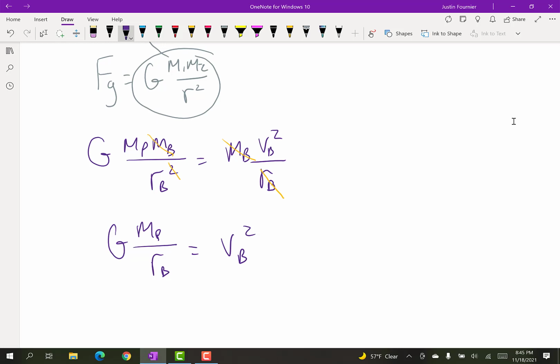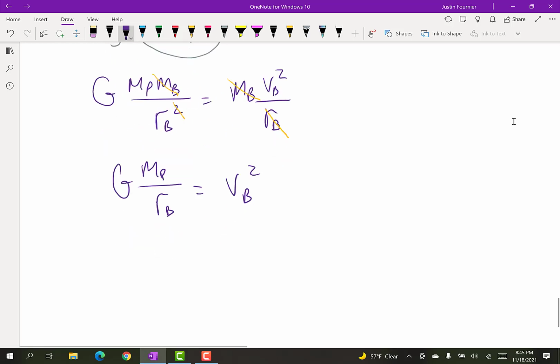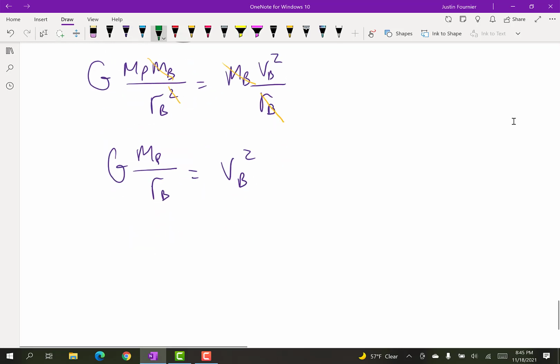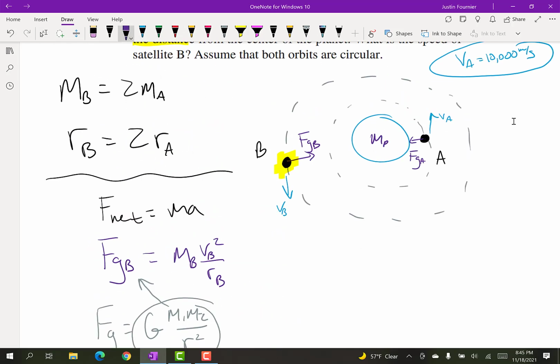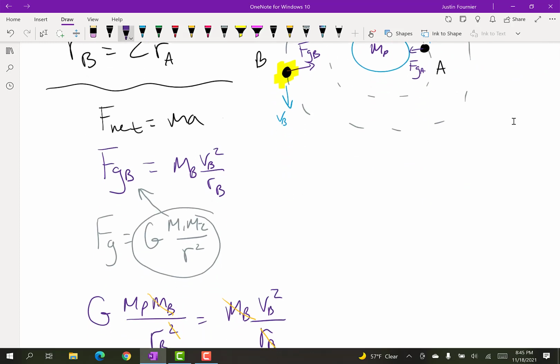So I personally like to do the ratio way to solve these things. There are other ways to do it, but this works best for me. So I tend to say I'm going to take the ratio of this. If I did all of this with satellite A, I would get step by step exactly the same thing.